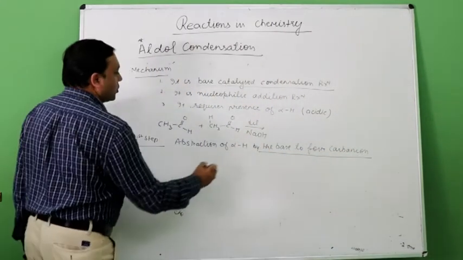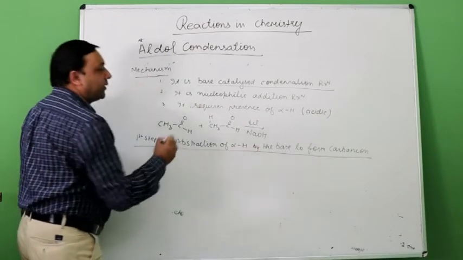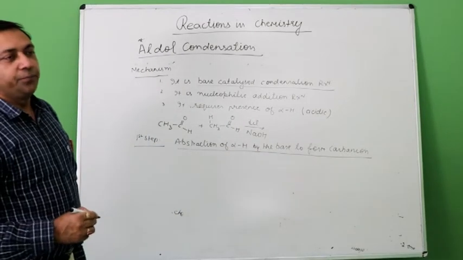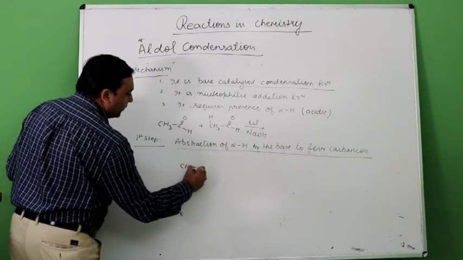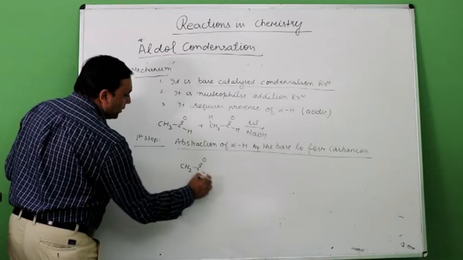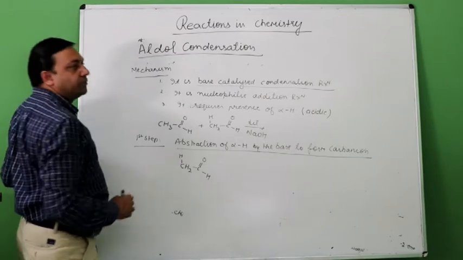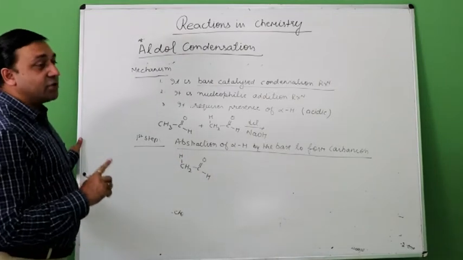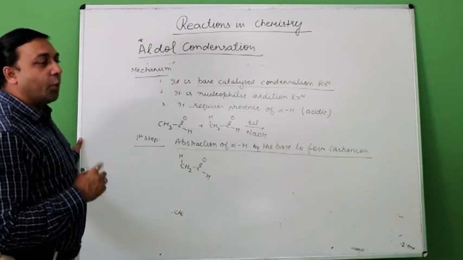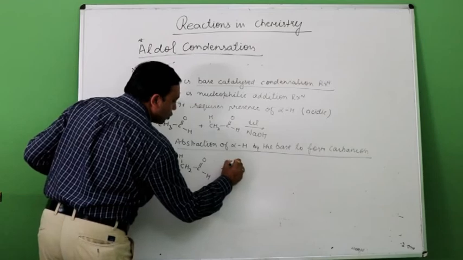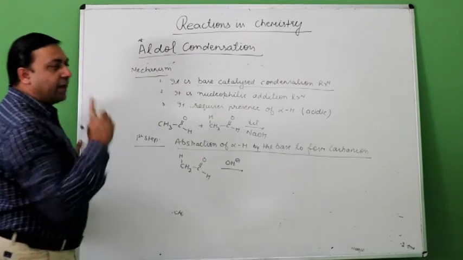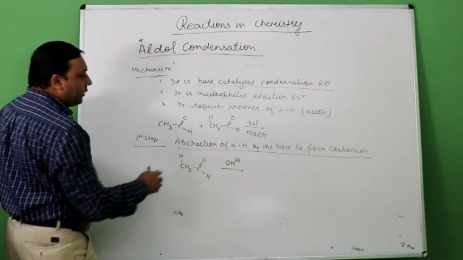So this is your rate determining step, that is the slow step. Now there will be gaining of H positive ion from the solvent to form this molecule. This molecule is your beta hydroxyaldehyde.